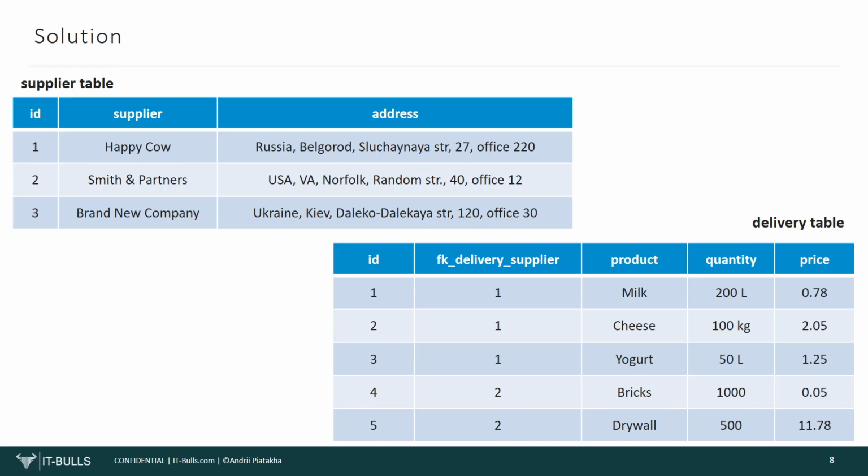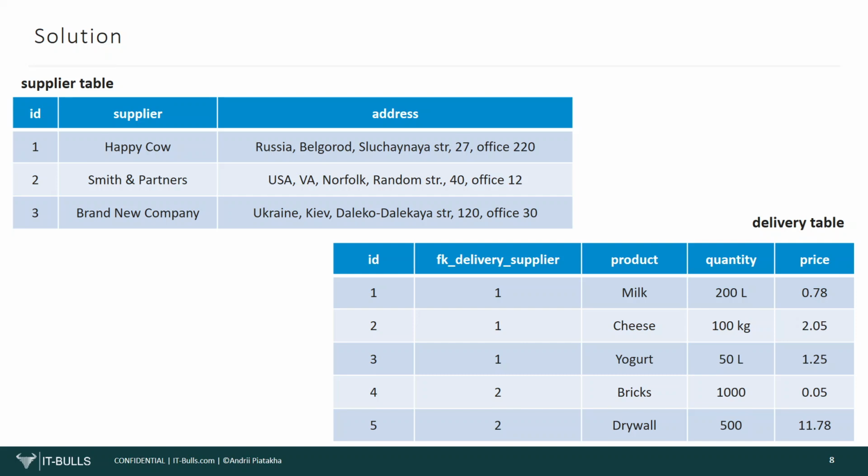Is it clear? In case we want to add information about either a delivery or a supplier, we are not obligated to add false information, or information that we don't have at this moment. No dummy values are needed during the insertion. This resolves our insertion anomaly. In case we want to update the name of a supplier or its address, we shouldn't do this in hundreds of rows.